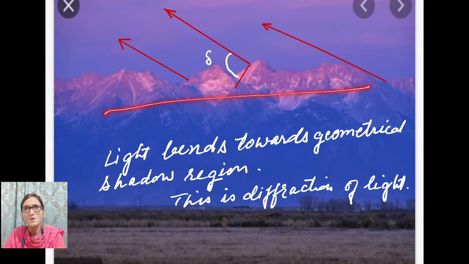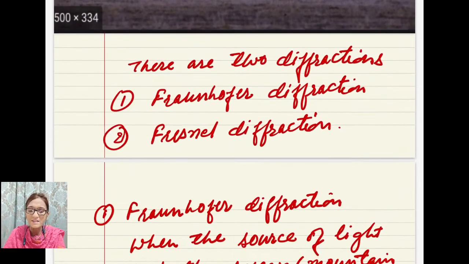So this is due to diffraction of light. These are two examples of diffraction of light. One is the shadow pattern behind any door, and the other is the mountain range, where the top cliff becomes illuminated even though the sun is behind the mountain in the early morning. So this is diffraction of light.